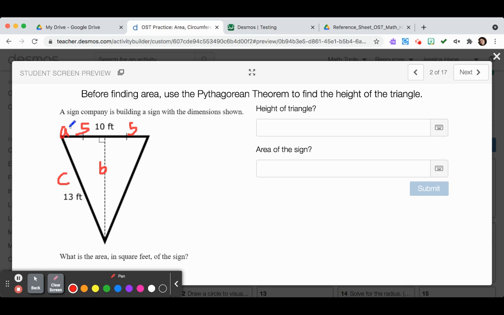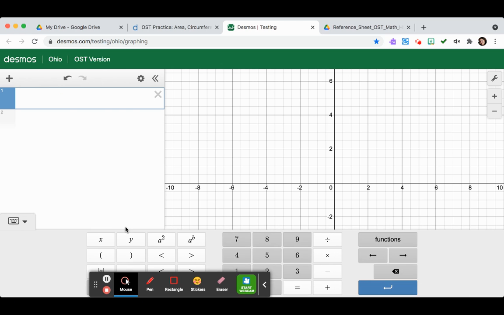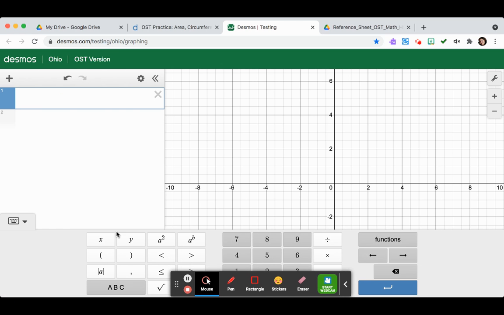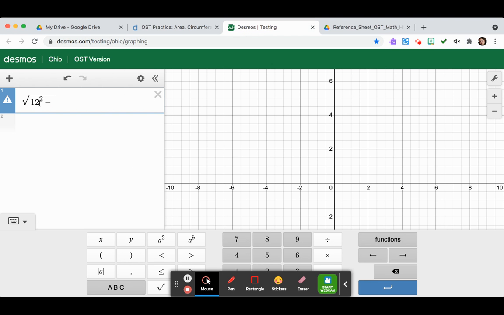So if A equals 5 and C equals 13, our shortcut would be, if we go to our Desmos calculator, to do the square root of 13 squared minus 5 squared. 13 is our C, and we're going to take away the side squared, and we're going to see that the height is 12.